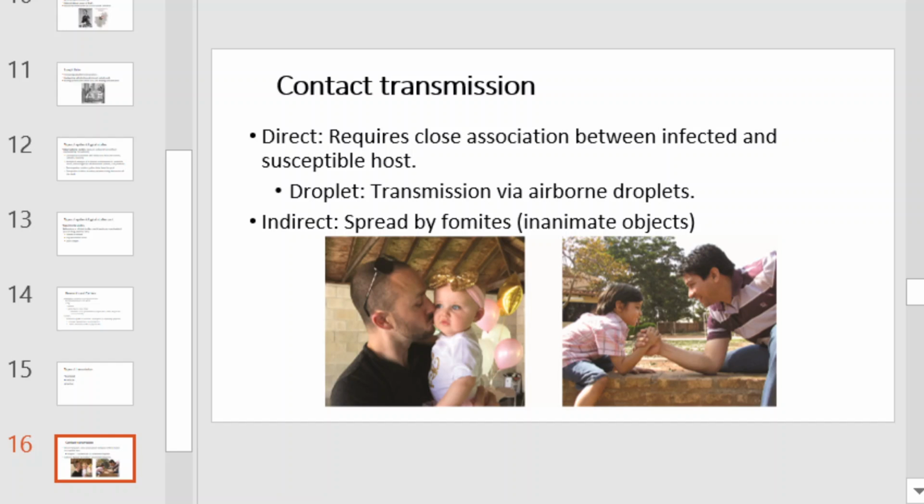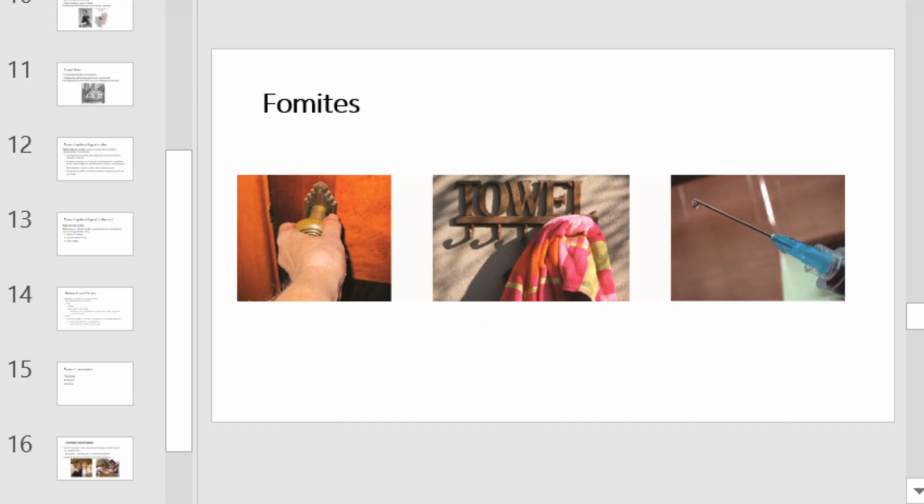These airborne droplets can also land on surfaces or inanimate objects. Indirect transmission can be accomplished through the spread by fomites or inanimate objects. This is an example of several fomites.